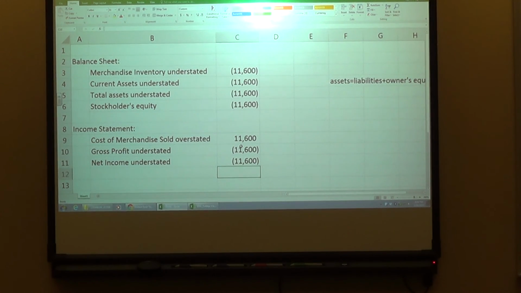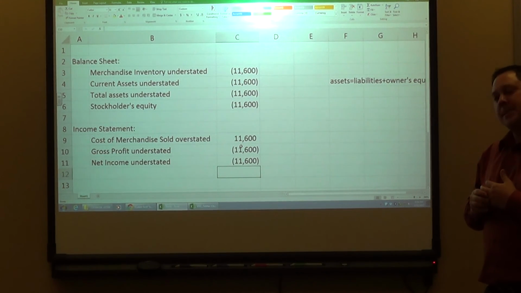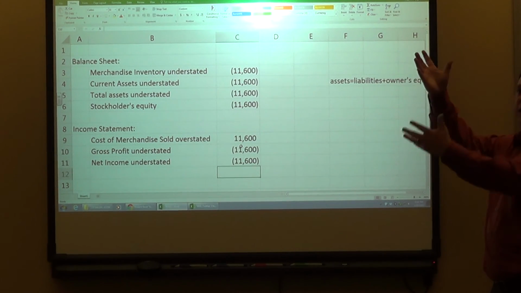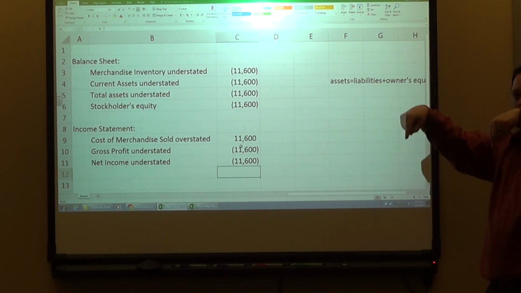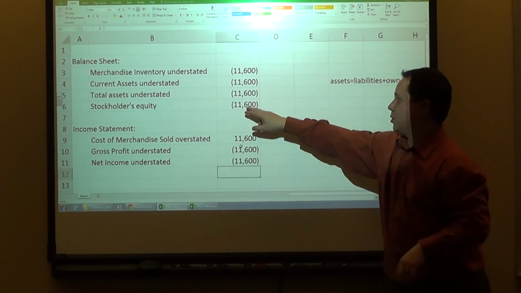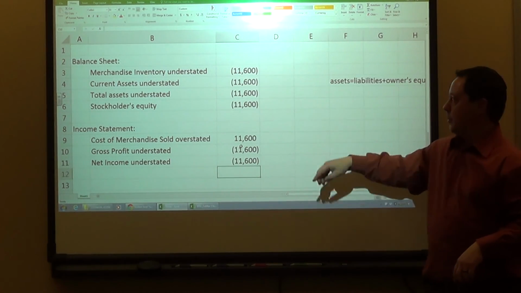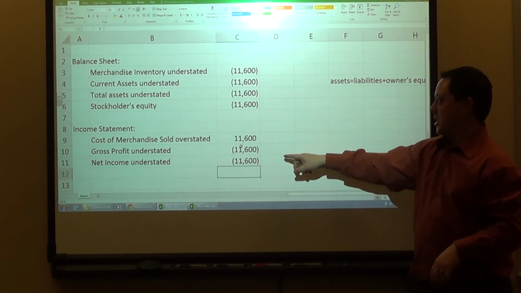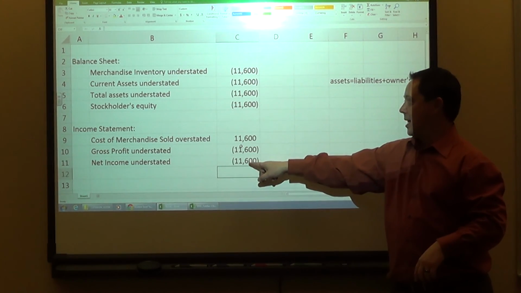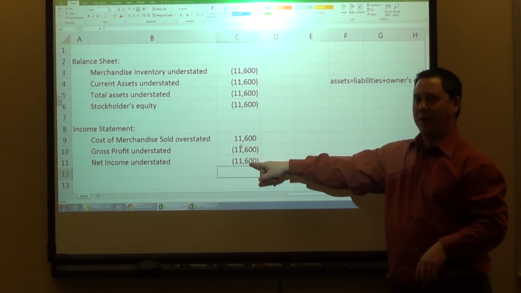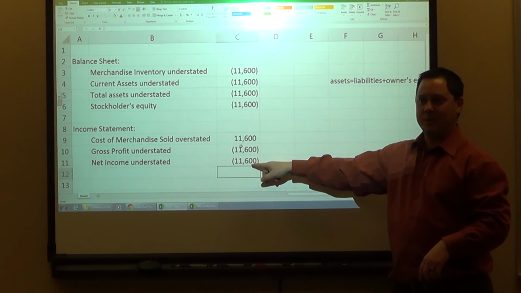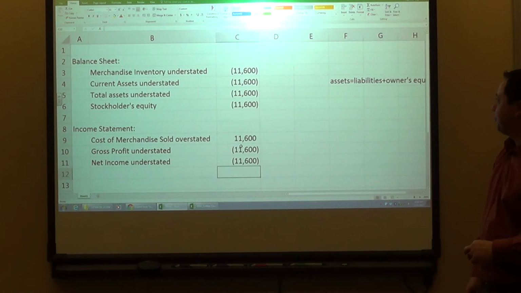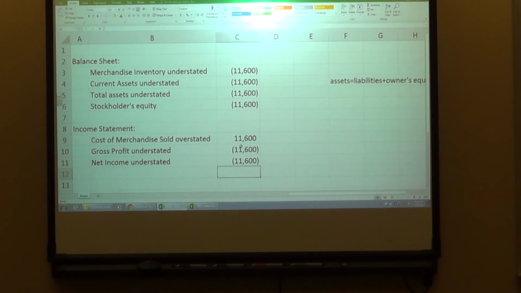On the assets side, it's a credit, and that's why you're crediting stockholders' equity, because it has to even out. So stockholders' equity has to go downward also, because the assets have to equal. But the reason it did that is because of these things here. Net income was understated, so our net income came down.